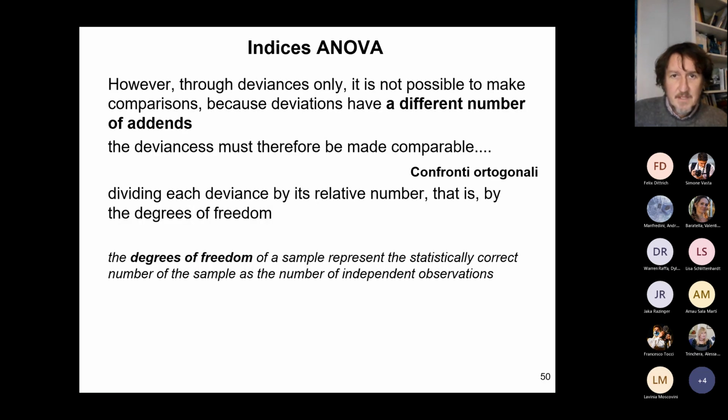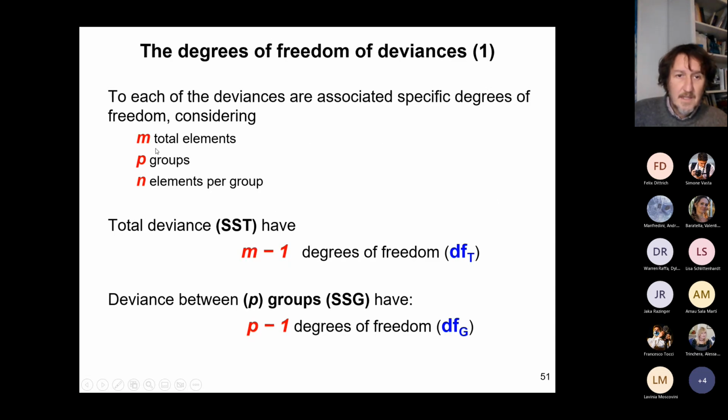Let's go ahead. We have to introduce the degrees of freedom. Why? Because we have three kinds of information: the total elements, the number of groups, and the number of elements per group. So the total deviance, SST, has M total minus 1 degrees of freedom.